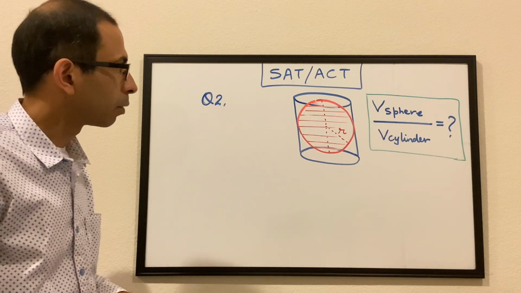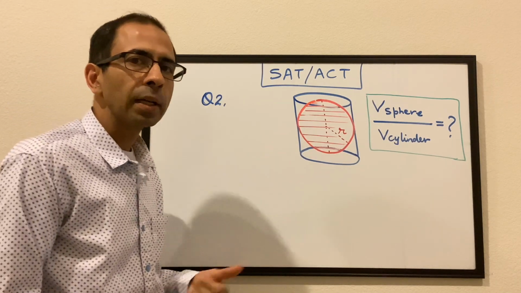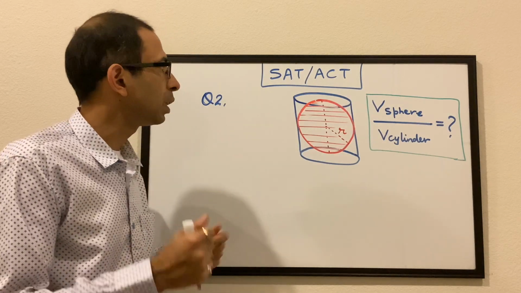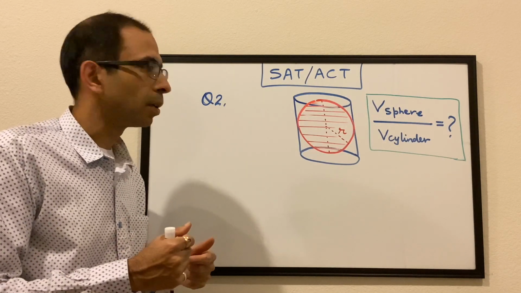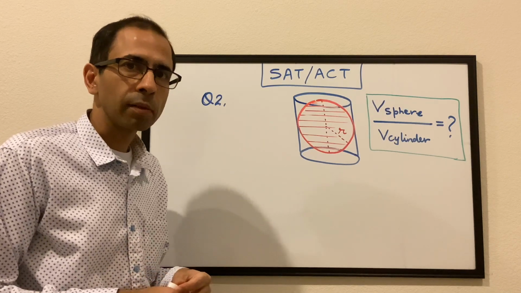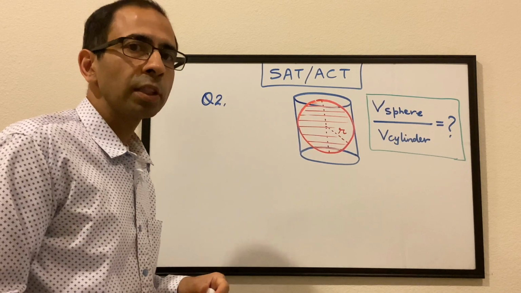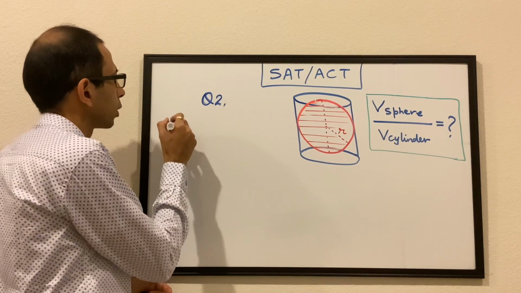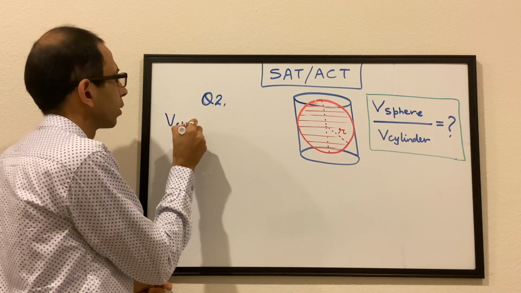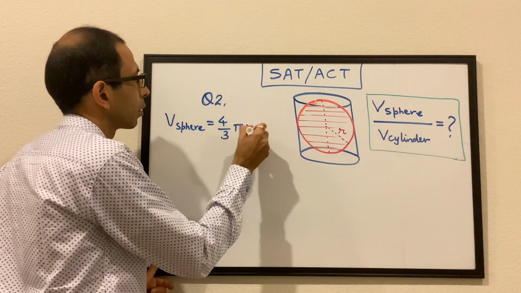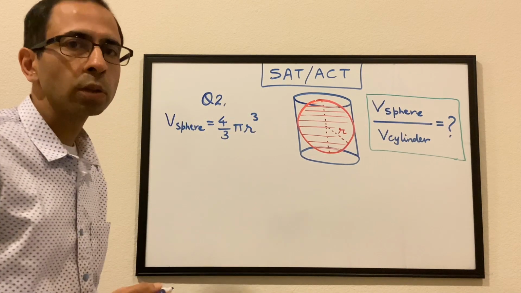So again, the first thing which we need to understand is that whenever somebody is asking us the ratio, right, we don't need to know the actual values because things will cancel out by themselves. Let's see what I mean here. So the volume of the sphere is 4 over 3 pi r cube, where r is the radius of the sphere.